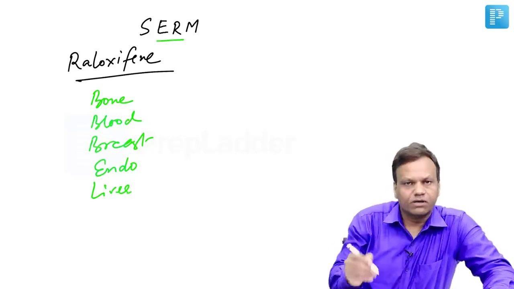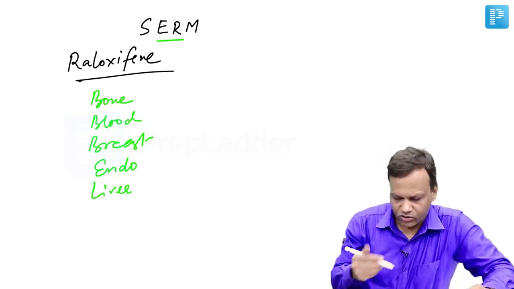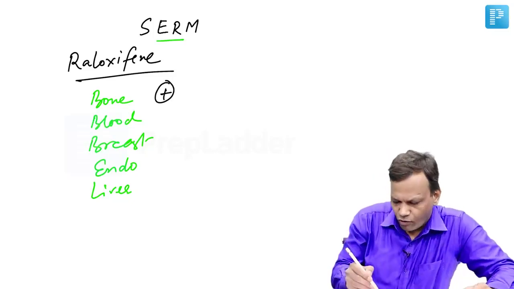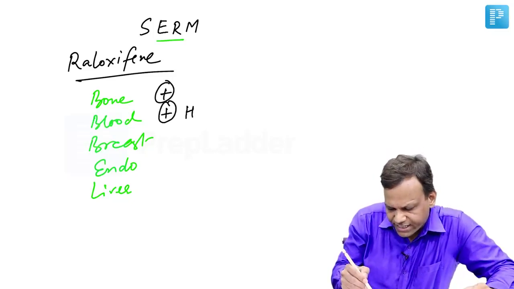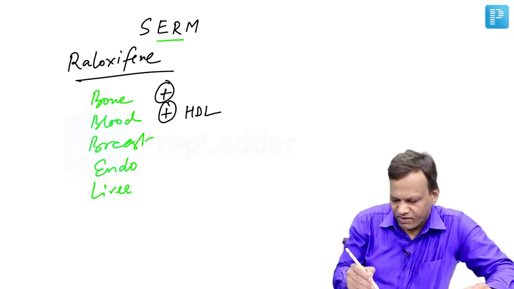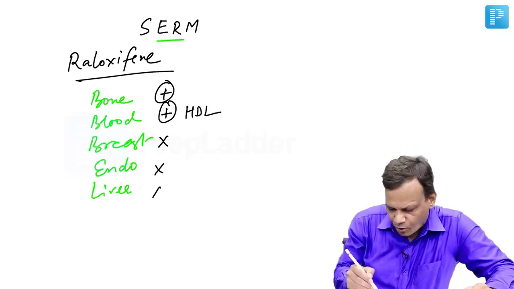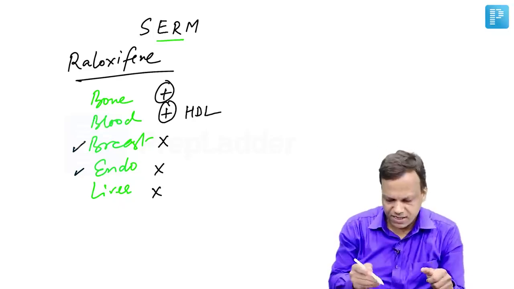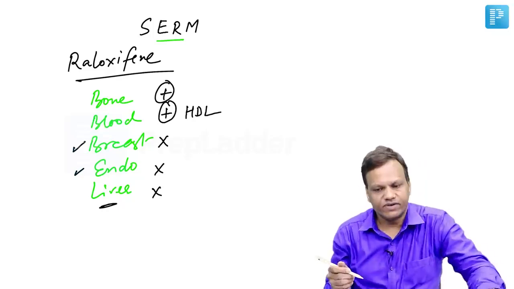The best drug which acts on them: we want an agonist on the bone so that bone formation occurs, and an agonist on the blood so that HDL increases. But we want an antagonist in the breast, endometrium, and liver, because estrogen increases the risk of breast and endometrial cancer, and it causes thromboembolism in the liver.